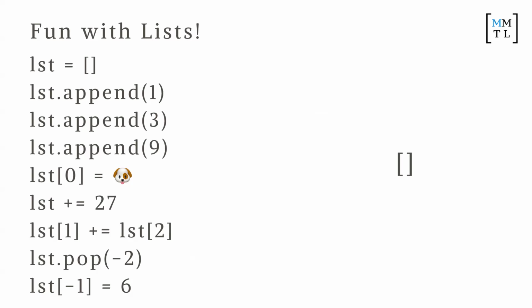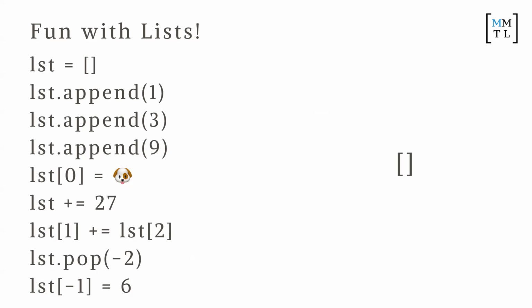Can anyone explain what that means? Perfect. Exactly. So again, we can break this down to list 1 equals list 1 plus list 2. List 1 in this case is 3. List 2 in this case is 9. And so this value here will change to 12.